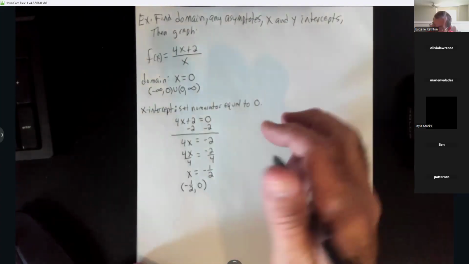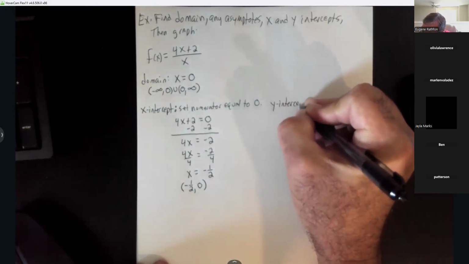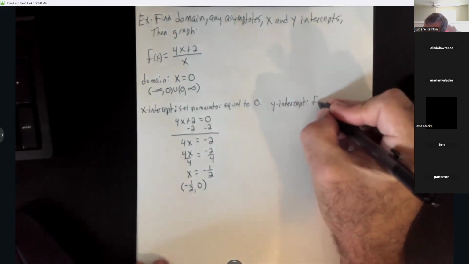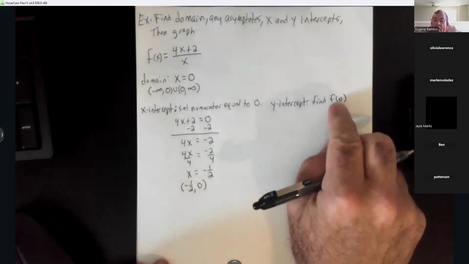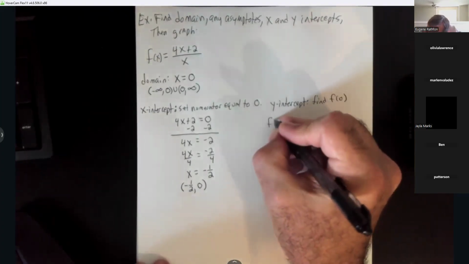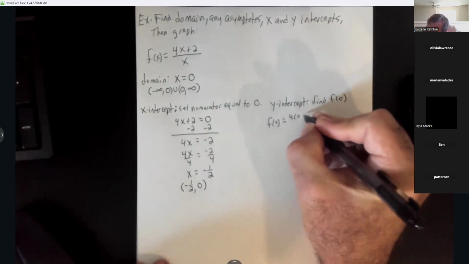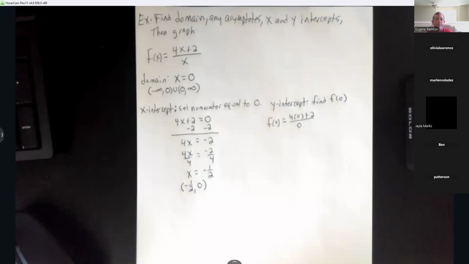Alrighty, next was the y-intercept. To find the y-intercept, you find f of 0. So f of 0 is going to equal 4 times 0 plus 2 over 0.